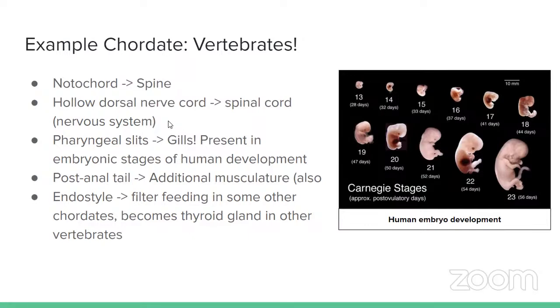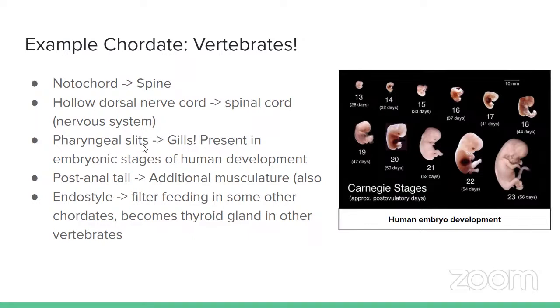Those pharyngeal slits do start as gills, which are actually present in early stages of human development. The gill slits are important when you think about development of the head and neck. Each of the little pharyngeal arches and pouches that exist during development become very specific parts of your face, your head and neck, and your brain.